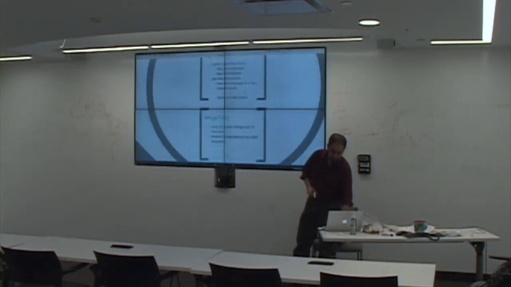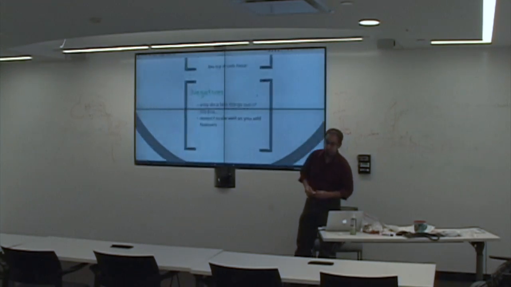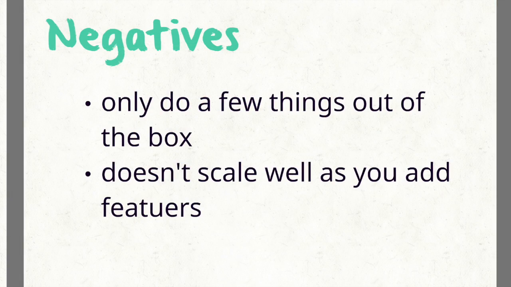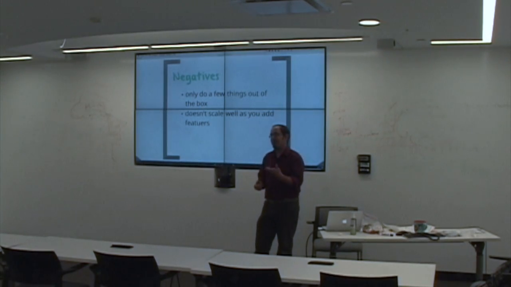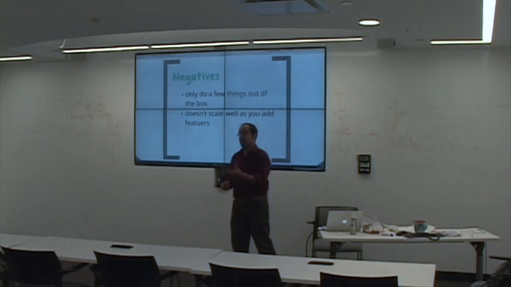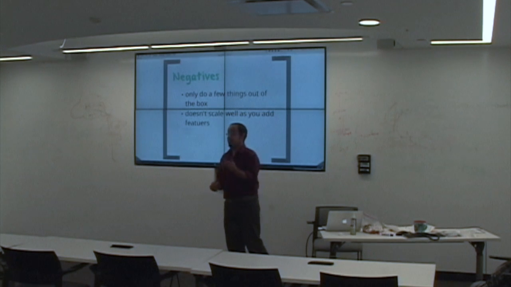So the negatives, you can only do a few things out of the box. That said, those few things are turning a URL into serving back something that people can see, which is kind of the thing you want to do when you're building a web page. And it doesn't scale well when you add features. And I don't mean scale in terms of load handling. I mean scaling cognitively.